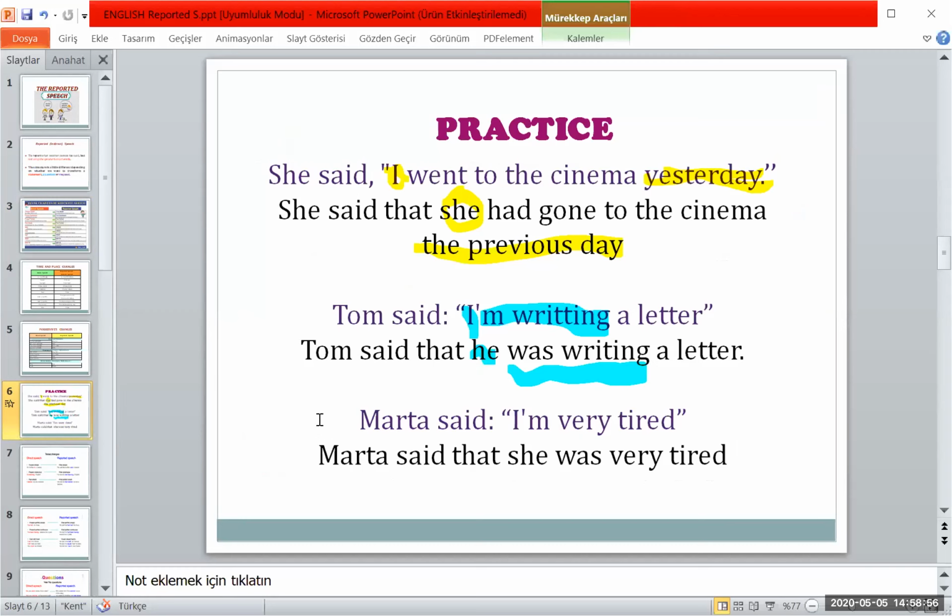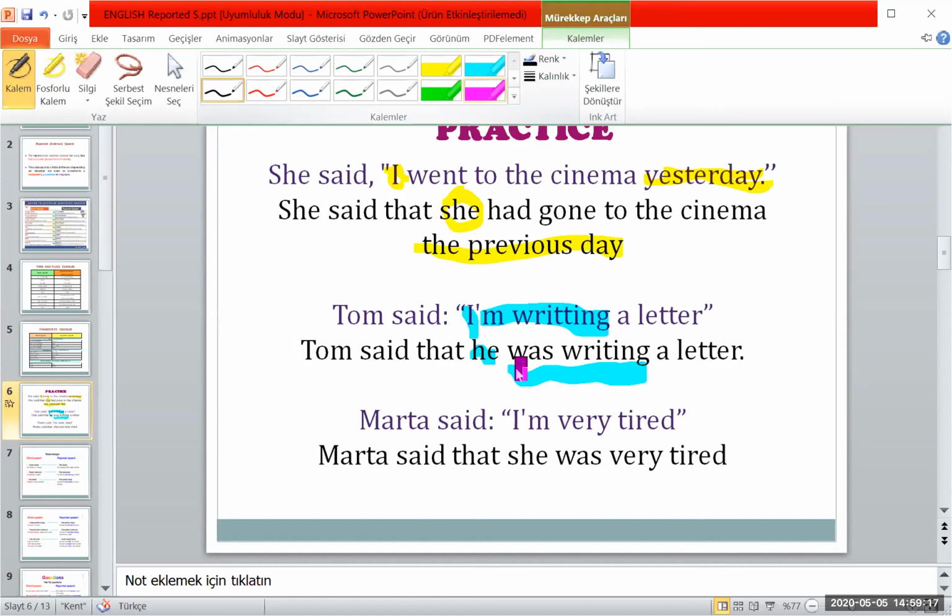Martha said, "I'm very tired." I am very tired. This is a sentence uttered by Martha. And while we are reporting this, some things need to be changed. Like Martha said, she was very tired. And let's use the pen one last time.